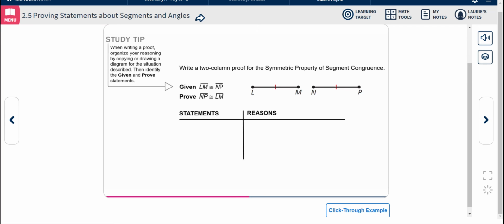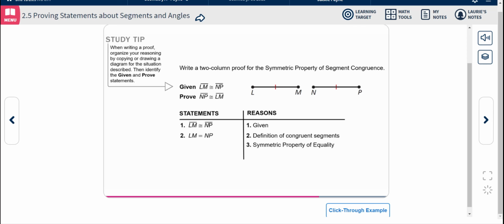Create a two-column proof with statements on the left and reasons on the right. First, start with the given statement. Segment LM is congruent to segment NP. Recall that congruent segments have the same length. So by the definition of congruent segments, LM is equal to NP.